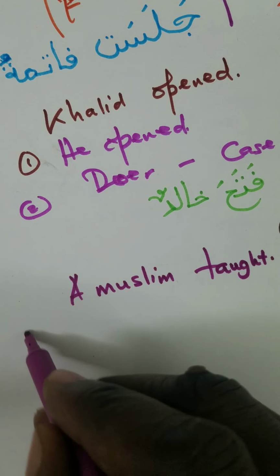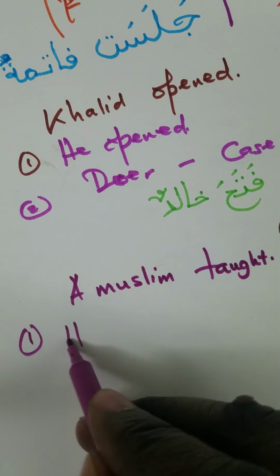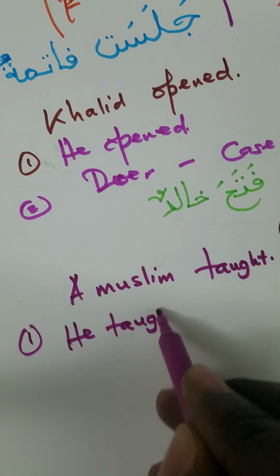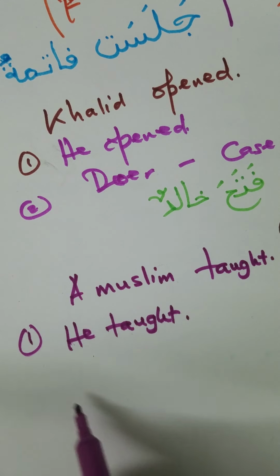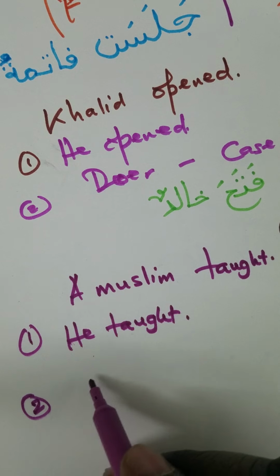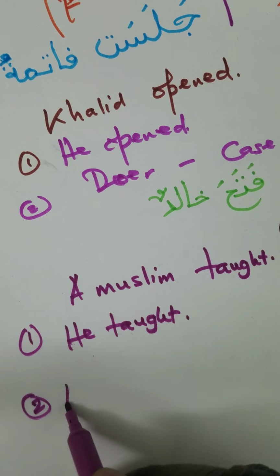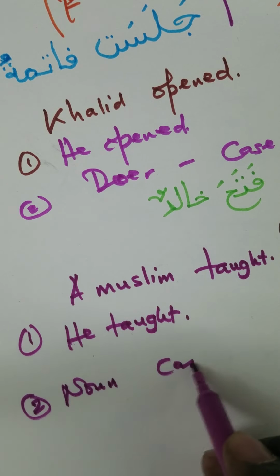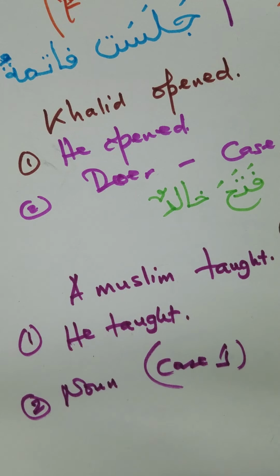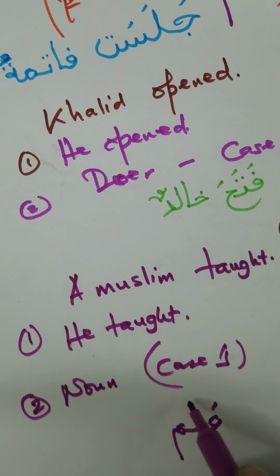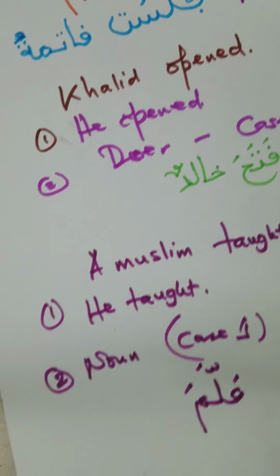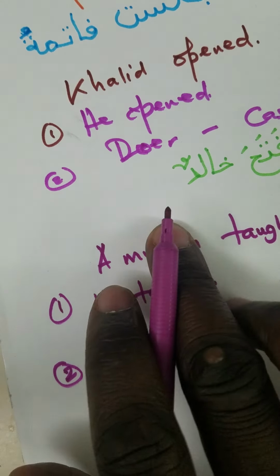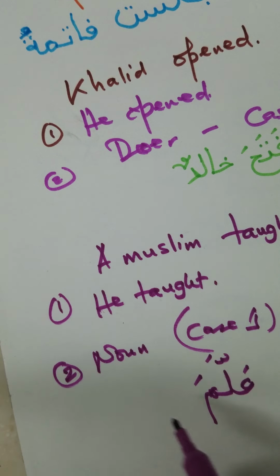First of all, in our step-by-step approach, you say he taught. Then who, give the noun, but in case 1. So he taught, we will see it will be allama. Muslim in case 1. Allama Muslimun.